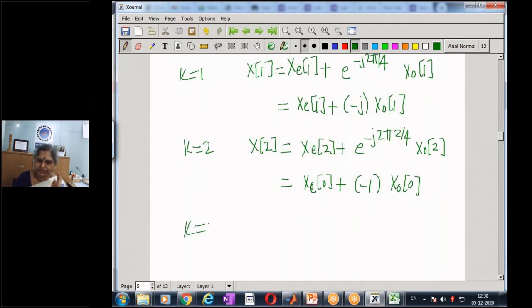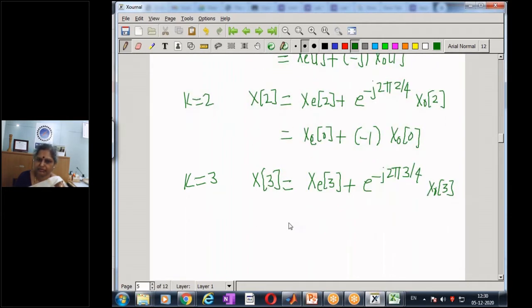Next, to get the next term, put k equal to 3, and then what we get is xe of 3 plus e to the power of minus j 2 pi 3 by 4 and x0 of 3. Once again, x0 of 3 is mod 2. So this is same as x0 of 1 plus e power minus j 2 pi 3 by 4. How much is that?